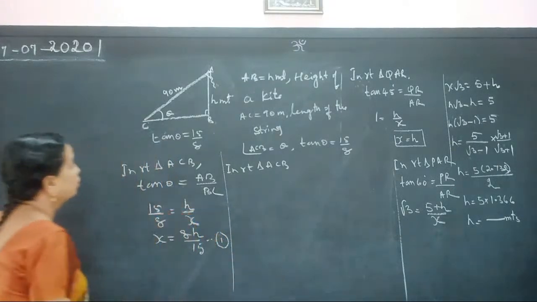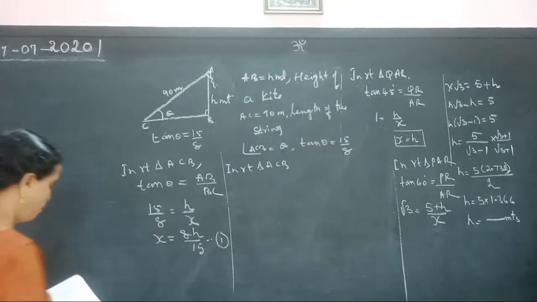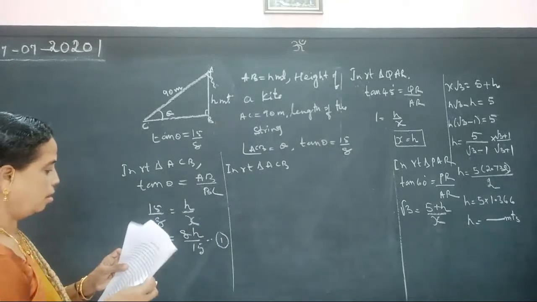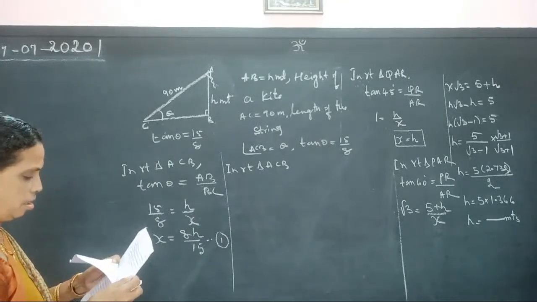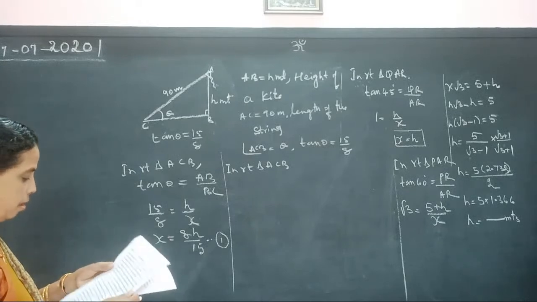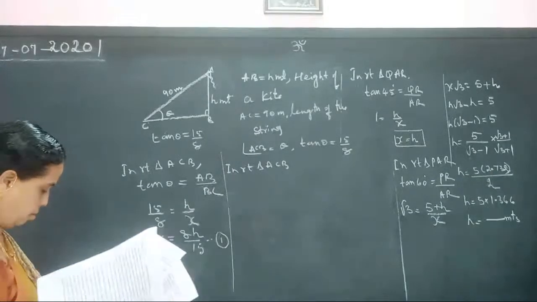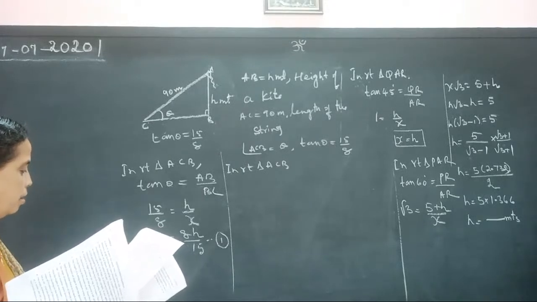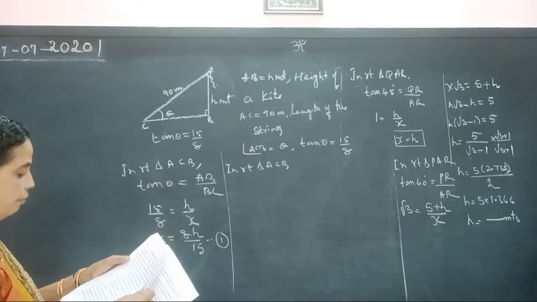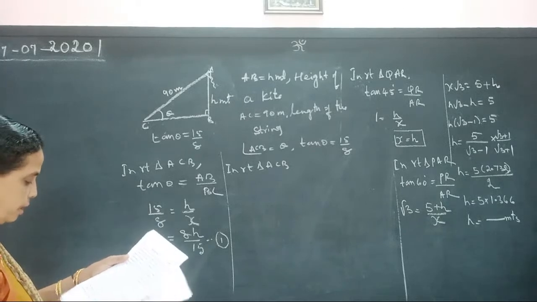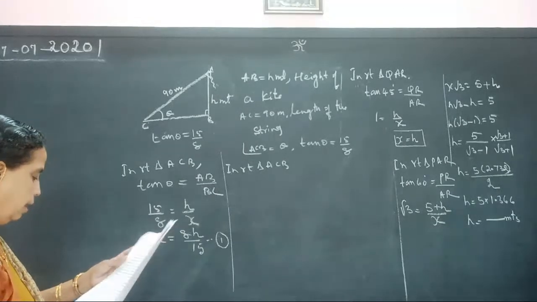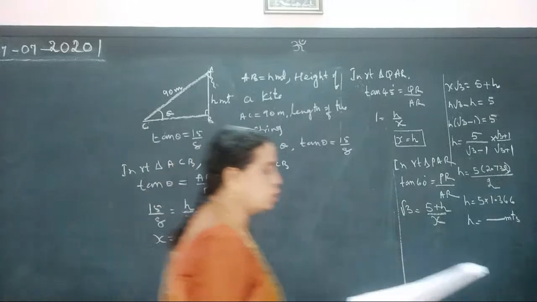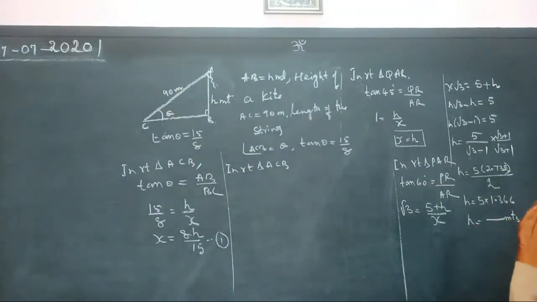I think there should be one more sentence after tangent should be 15 by 8, the length of the string. I will check it once, because another ratio we are not able to get here.